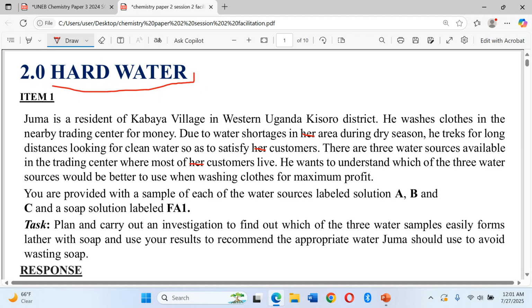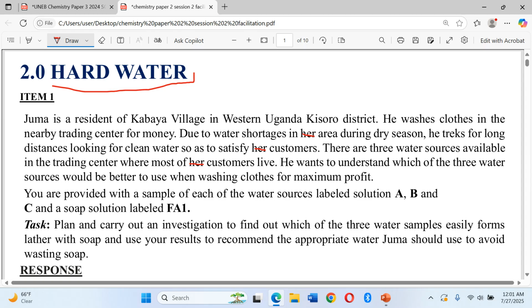He wants to understand which of the 3 water sources would be better to use when washing clothes for maximum profit. You are provided with a sample of each of the water sources labeled solutions A, B, and C, and a soap solution labeled FA1.